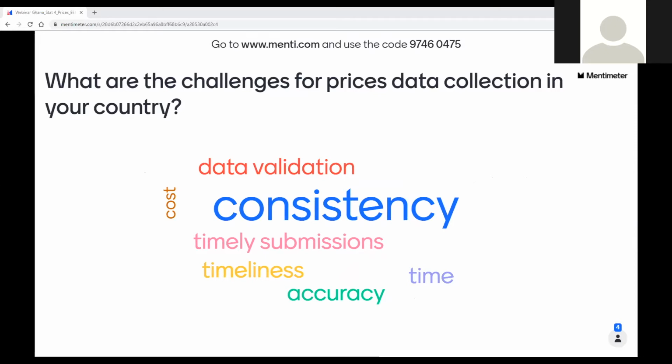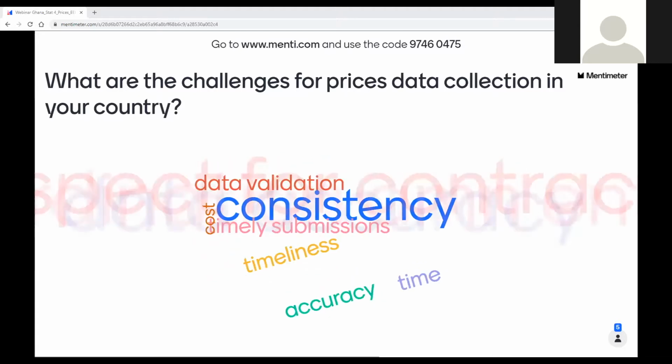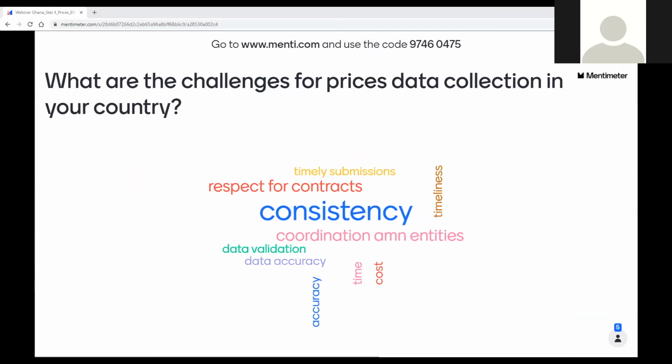Time, yes, you need resources also to collect data and process the data. So excellent. So respect for contracts, data validation, data accuracy, yes, all these are challenges.